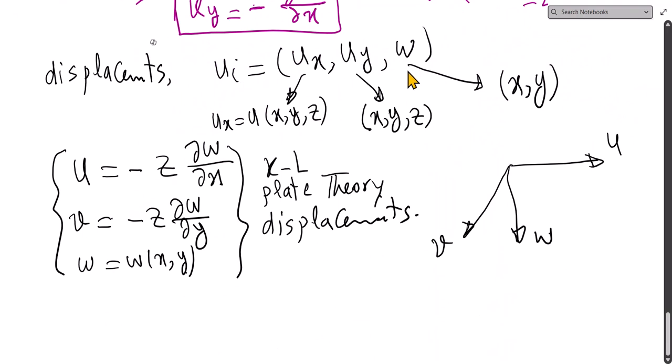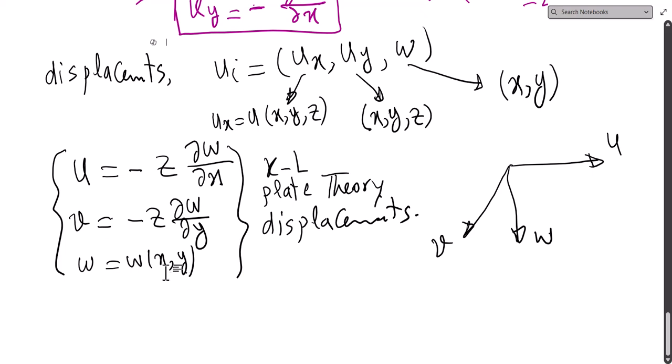Now, if you come and say, okay, a general displacement ux, uy, uz in the x direction, y direction, and z direction, and work out the relationship between these. The z comes in. So u is the displacement of a given x, y, z point in the x direction, v is in the y direction, and w is in the z direction.